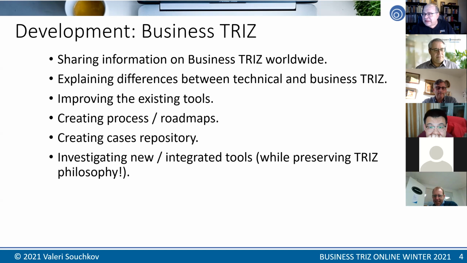The question is from Listener one, a comment: business trees or non-technical trees, which is better? Besides business, there are many other fields, such as information, law, tourism, finance. Well, you know what Altshuller said about it? Altshuller said that each new area of human activity which engages creativity requires its own study.